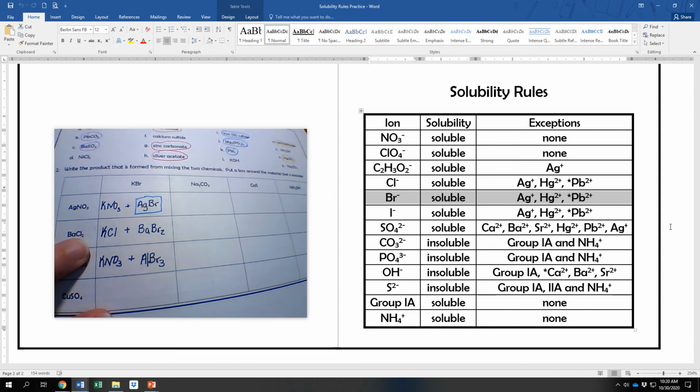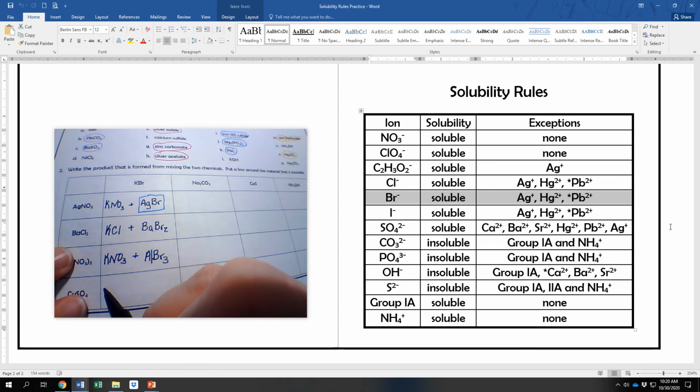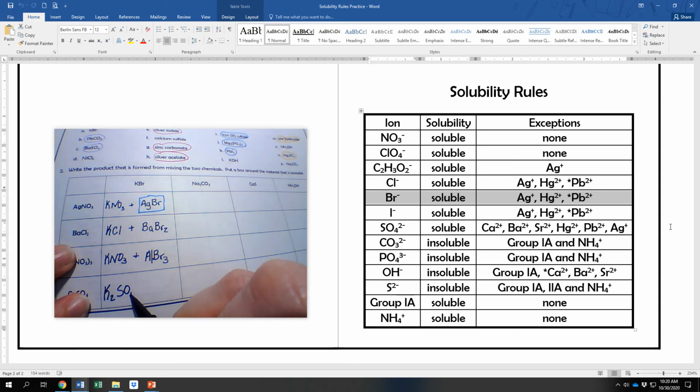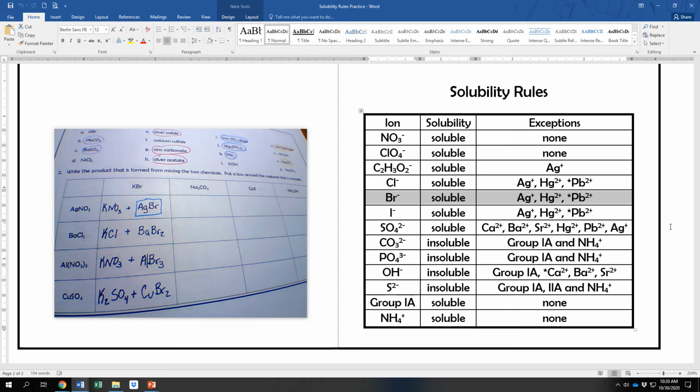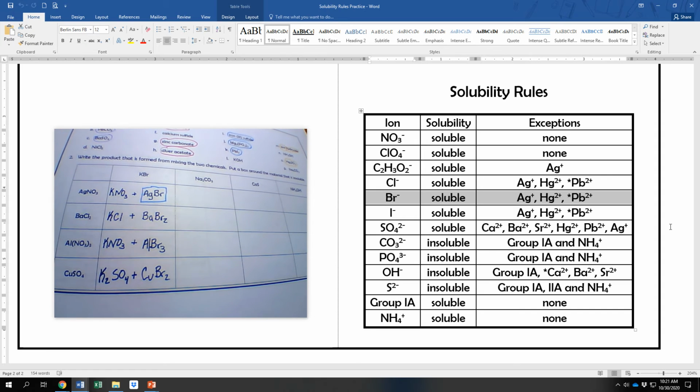All right, so my formulas are going to be K2SO4 and CuBr2. All right, so let's check our solubility rules. So potassium, group 1 metal, always stays dissolved, no matter what it's with.